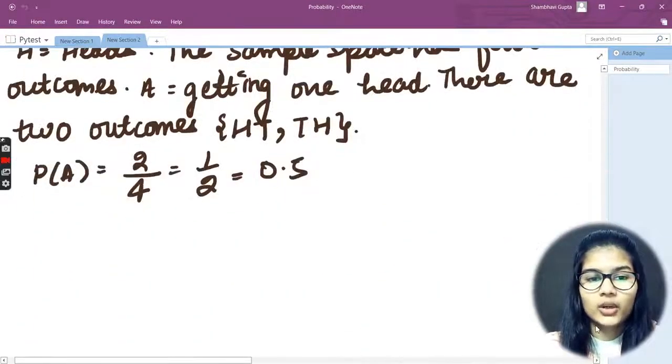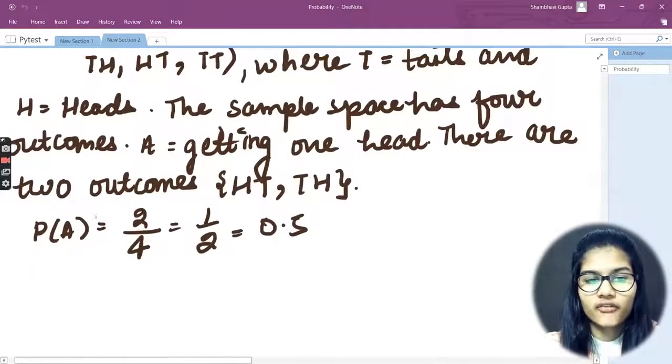And see here, what I am getting is probability of A equal to 0.5. So this is how you calculate the probability of an event for all the outcomes in the sample space which are equally likely. Hope I'm clear with this too. Great.